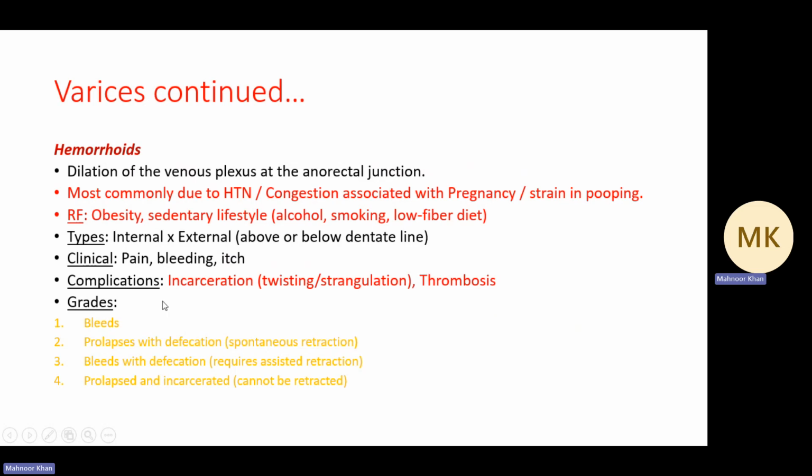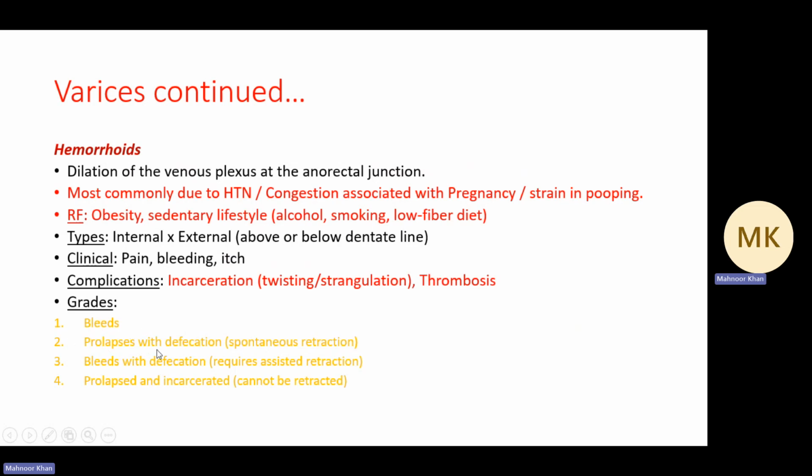And we also divide hemorrhoids into grades. So there are 4 grades, one being the mild one, and grade 4 being the severest form. In the first grade, we have just bleeding mainly.